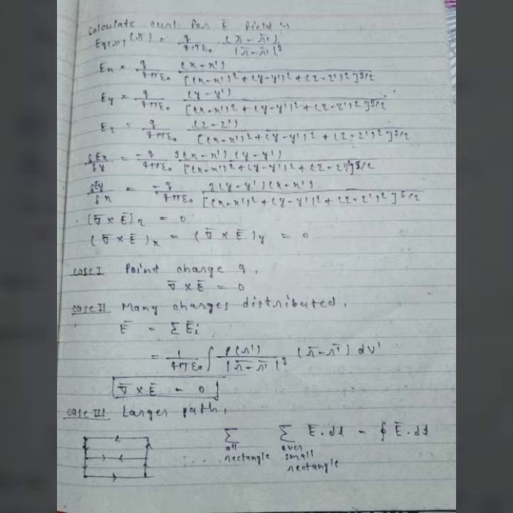Now, if I have many charges or a charge distribution, E is nothing but a summation of different E's, or 1 over 4 pi epsilon 0 integral of rho of r prime over |r minus r prime| cubed times (r minus r prime) dv prime.